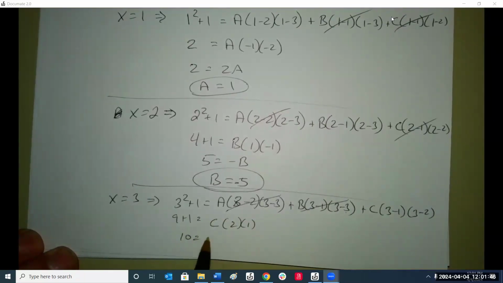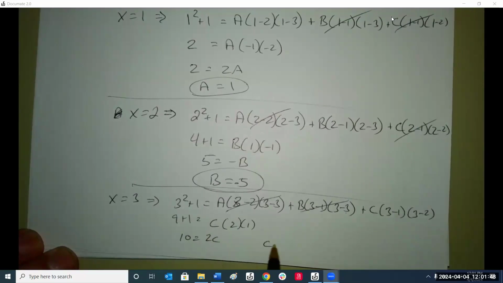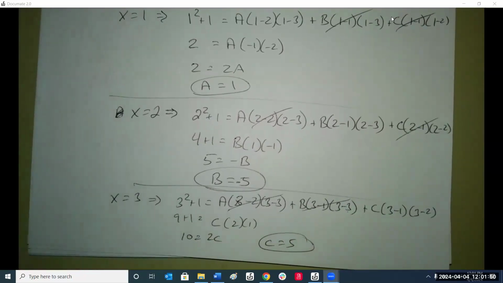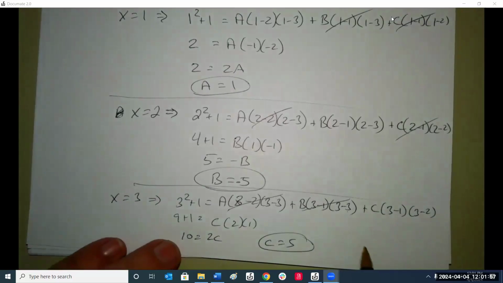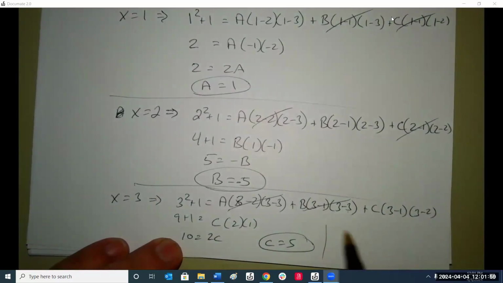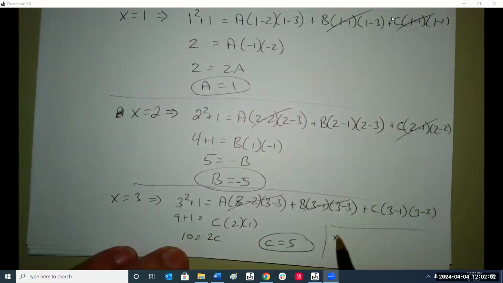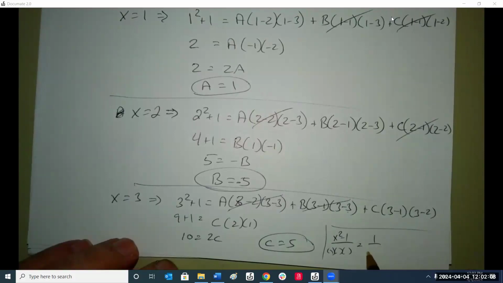So 10 equals 2C. C equals positive 5. So the original equation becomes (x squared plus 1) over the 3 factors equals 1 over (x minus 1) minus 5 over (x minus 2) plus 5 over (x minus 3).